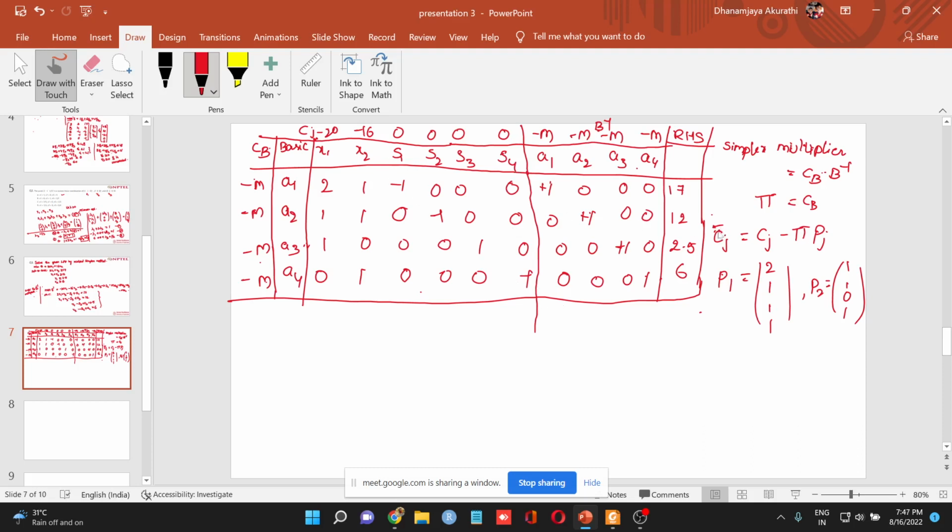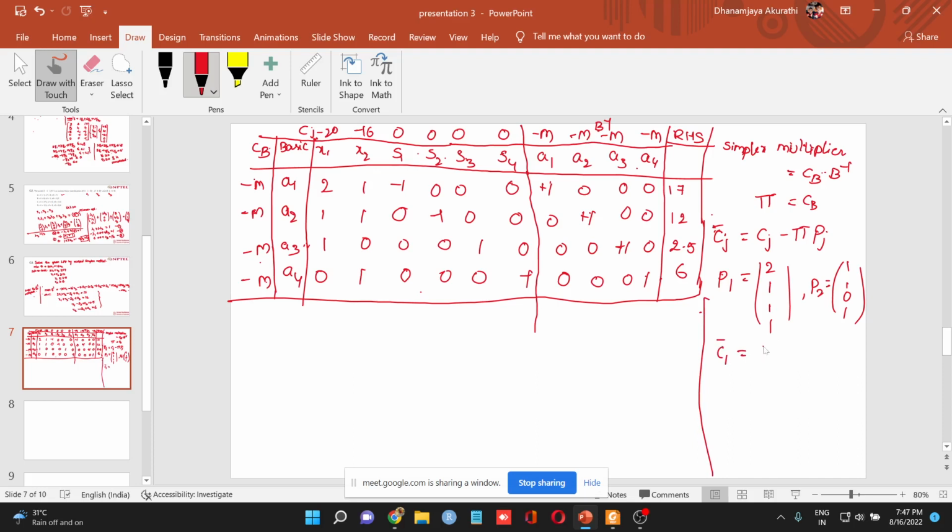These deviation rows we calculate only for the non-basic variables. Here the non-basic variables are x1, x2, s1, s2, s3 and s4. So overall 6 non-basic variables are there. You need to calculate Cj bar for C1 bar, C2 bar, C3 bar, and so on for the 6 variables. I will do it for one.